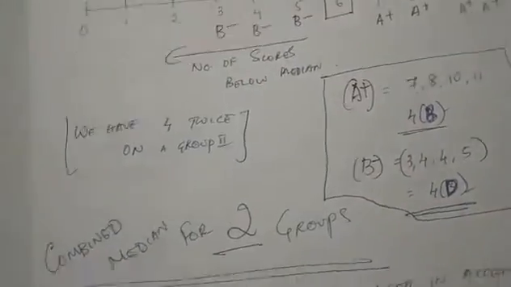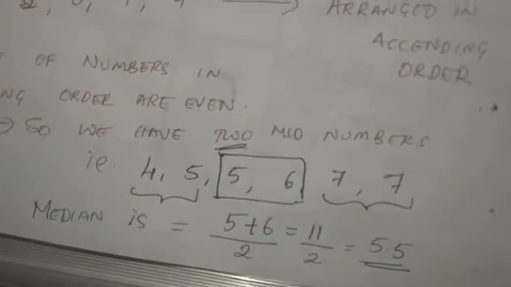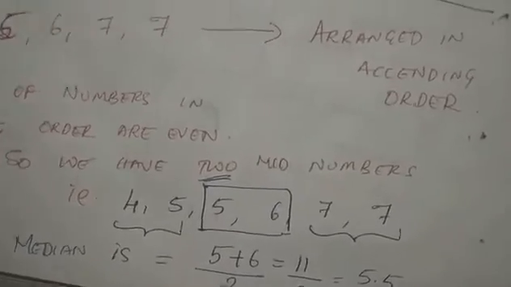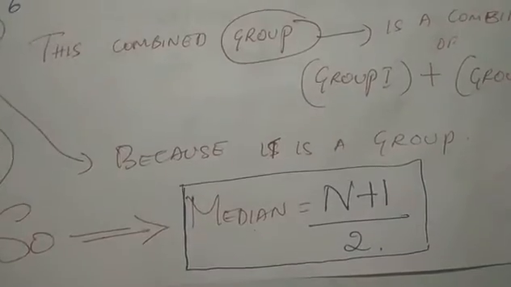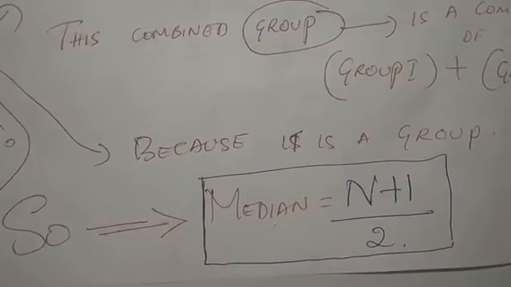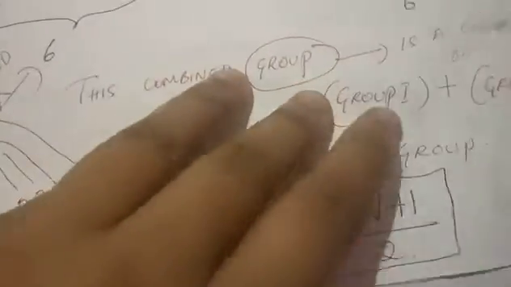So this method of finding the median, that is the mid scores divided by 2, was only for a single group, and when we talk about a combined group we have to make sure that we use the formula n plus 1 divided by 2, that is, the total number of scores plus 1 divided by 2.